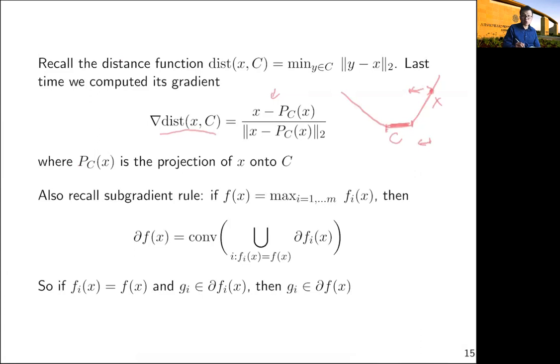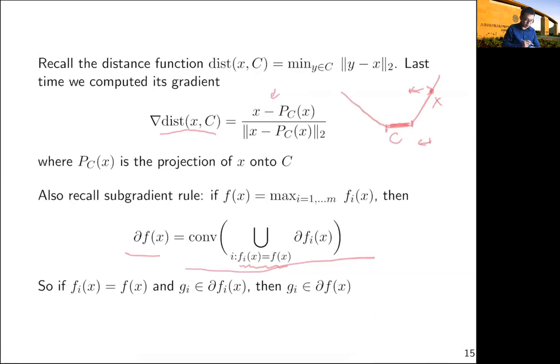Recall the subgradient rule we learned in the last lecture: the subdifferential is the convex hull of all the subgradients of each leg of this function, in this pointwise maximization over all the functions that are active at this location x. In other words, it is relatively easy for us to construct a subgradient.